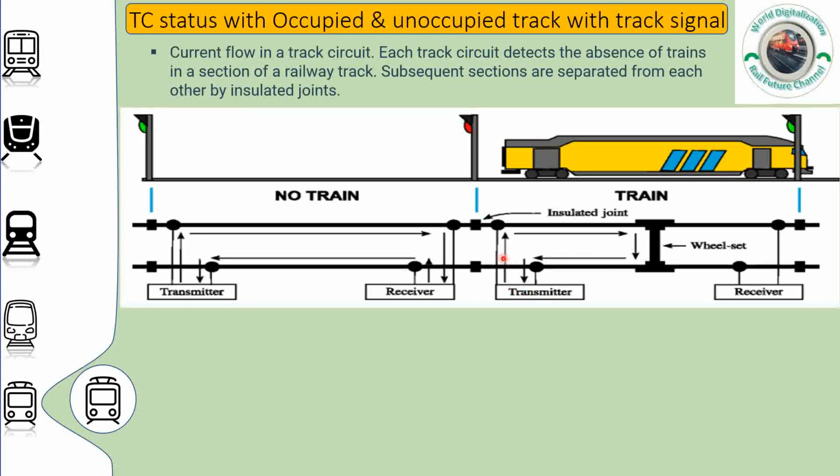So the transmitter sent the power, but it's shunted across the rails by the wheel set, so the power returns back to the transmitter and no power is received at the receiver. That means the track circuit is occupied, and for sure the track section is occupied. So we have here the red aspect, which refers to this section being occupied.